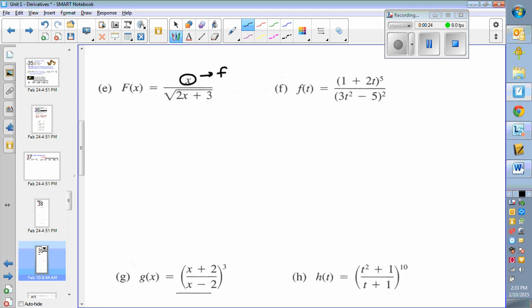part of this as F, the bottom as G, and you would be applying that quotient rule, F prime G minus F G prime over G squared.